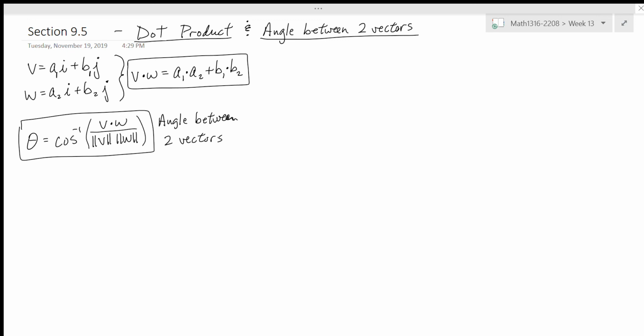All right. Would you like to start with a baby problem, or you want to start kind of intermediate? Okay. Well, that would probably be number 9 then. We'll start where you can understand. And we got vector v is i minus j, and vector w is i plus j.